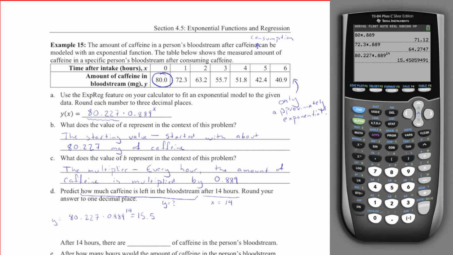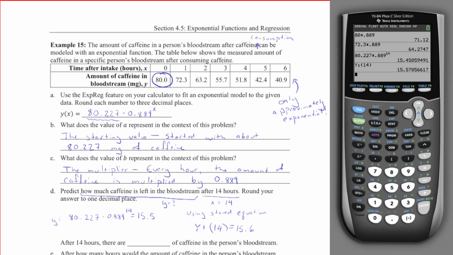We could also use our stored equation, right? Our calculator knows function notation. We can take y1 of 14 and to one decimal place that gives us 15.6.